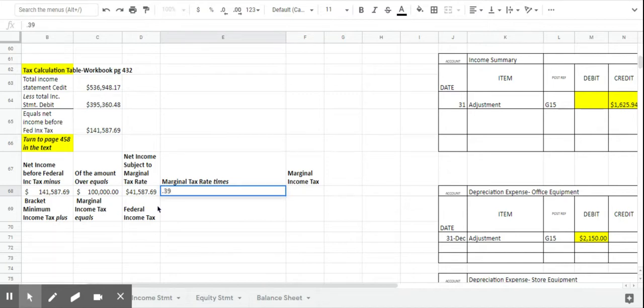So 0.39 times 41,587.69 times 39% equals, this should be a dollar sign also, 16,219.20. So we have to add this to the tax that we already paid.